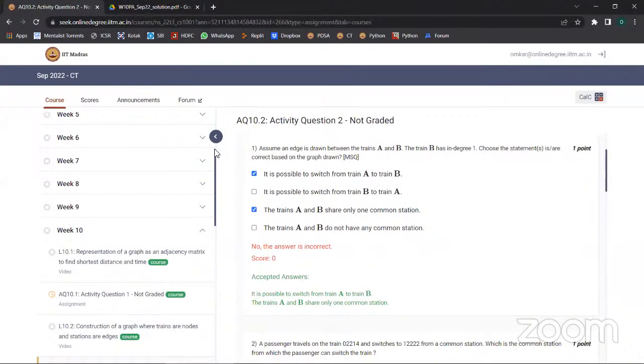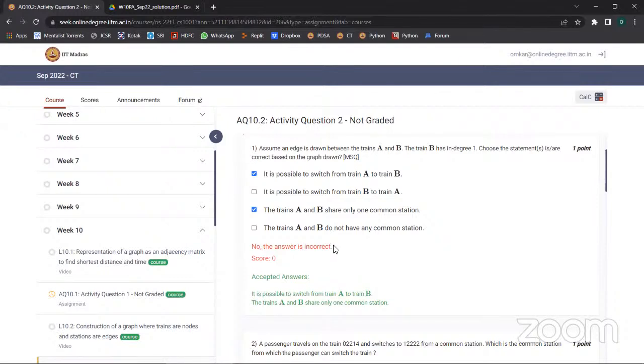Because it is written already that they are sharing one common station. Yeah, right. Correct. So the third option is correct. Yes, that's what I'm saying. Third option is correct. And that's what everybody is saying. So the first option I said is correct because B has in degree 1. Yeah. And A and B are sharing the station. Correct.